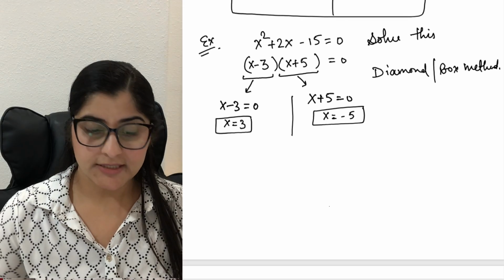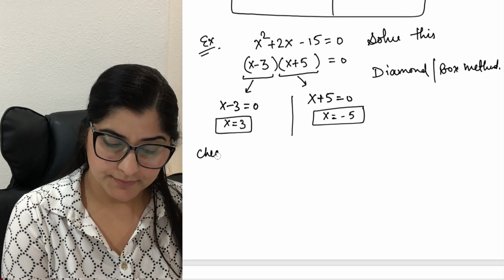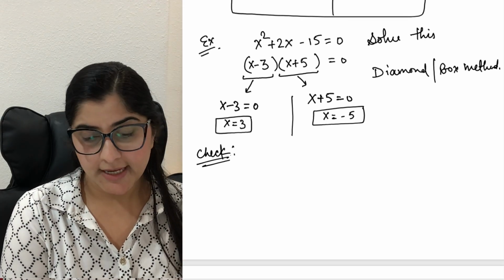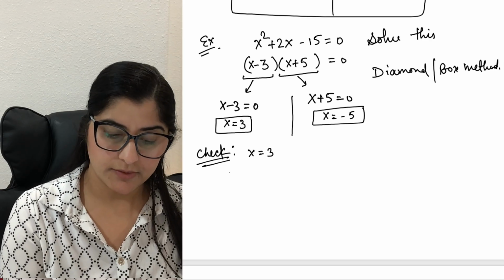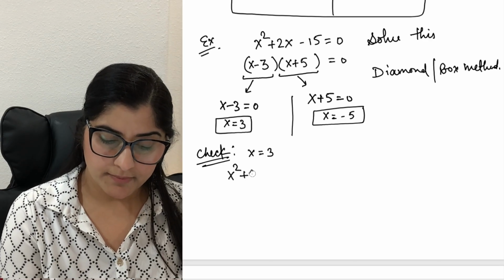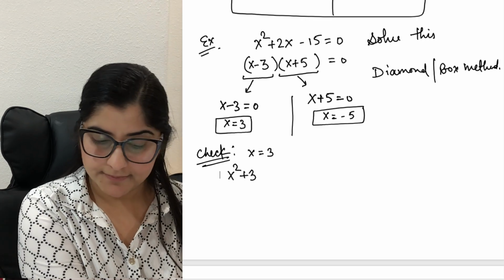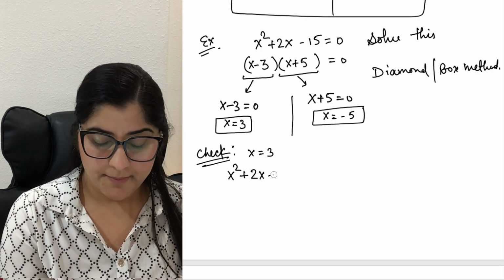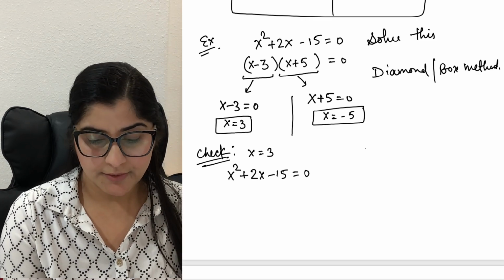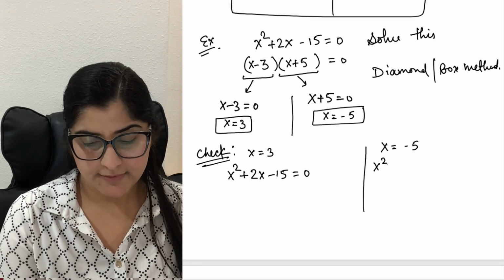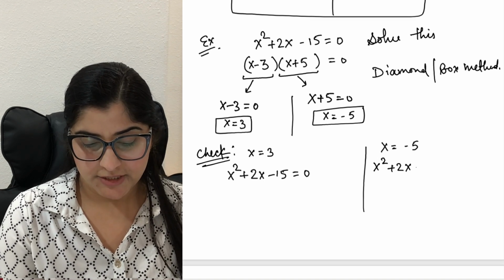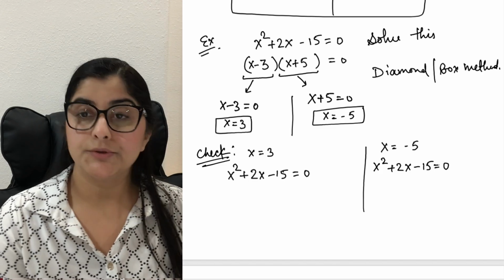And we can always check our solution. How to check? One by one, substitute the solution in the original equation, x squared plus 2x minus 15 is equal to 0, with x equal to 3 and x equal to -5. We will check whether both solutions are correct.